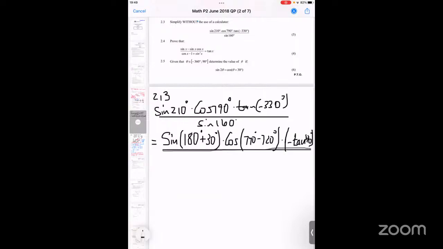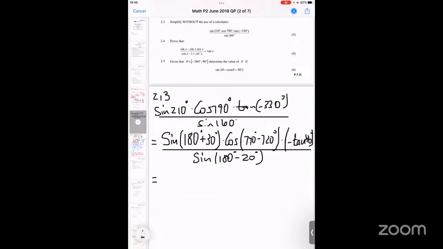Then in the denominator, sine 180 minus 20.